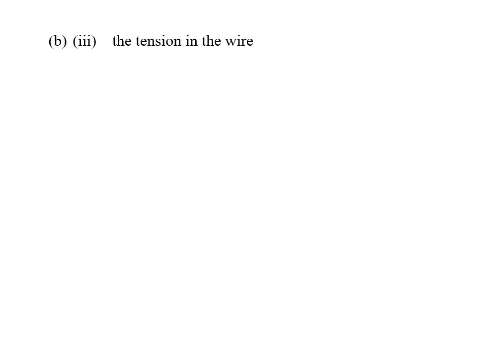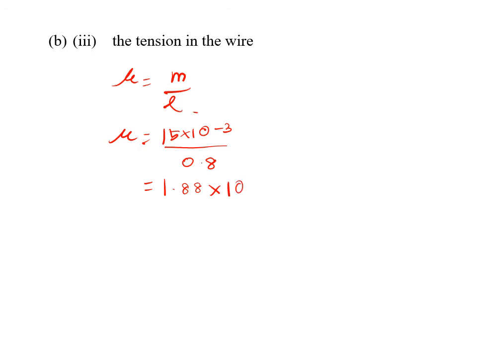Right, the tension in the wire, based on the formula mu equals mass over length. You need to find mu first. Mu equals 15 times 10 to the power of negative 3 divided by 0.8, so you get mu 1.88 times 10 to the power of negative 2 kilogram per meter.